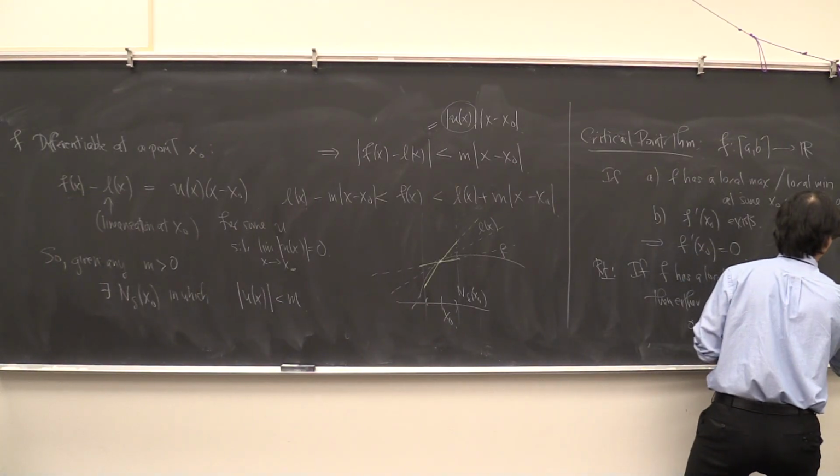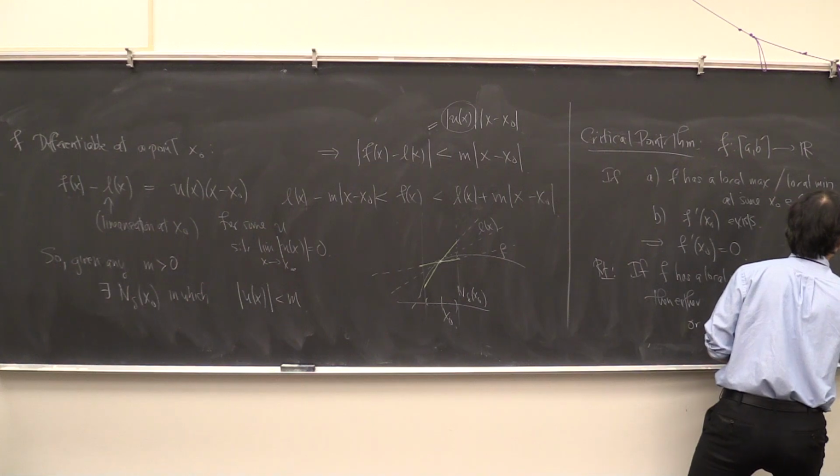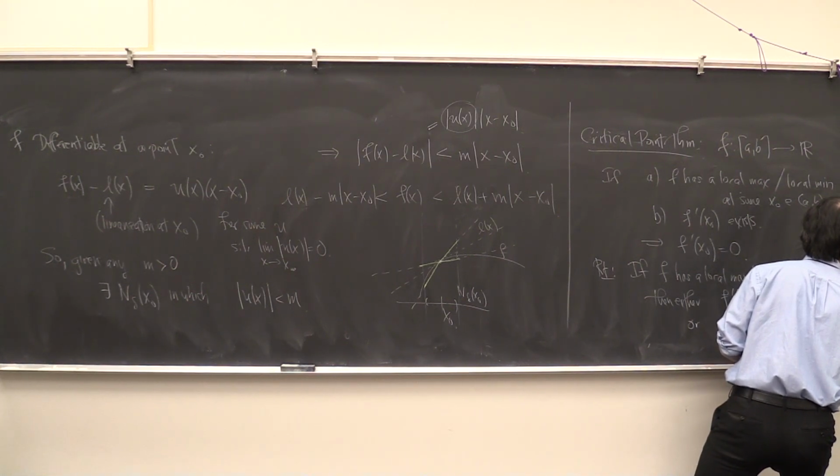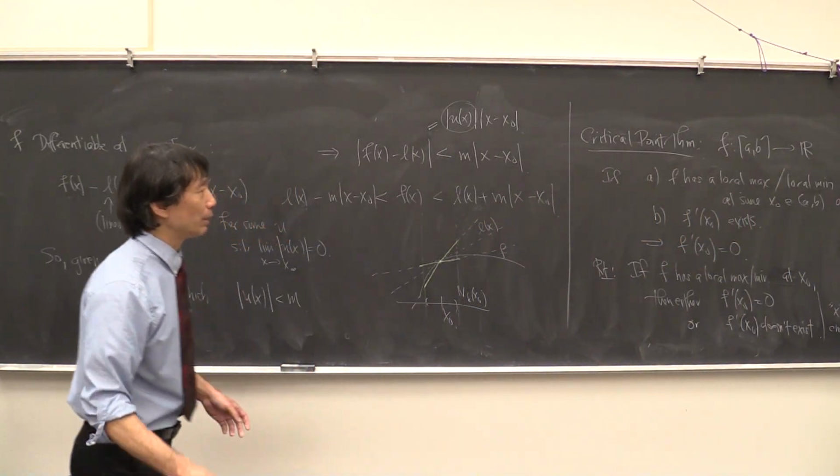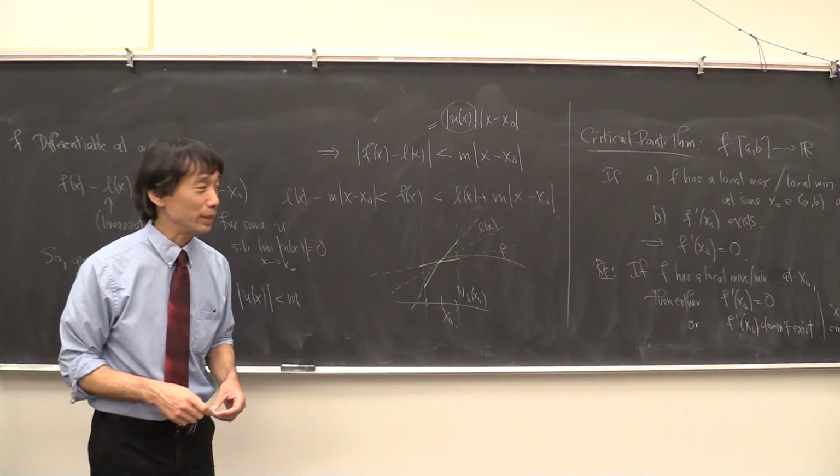In other words, x naught is a critical point. I'm sure you've seen this before in calculus.